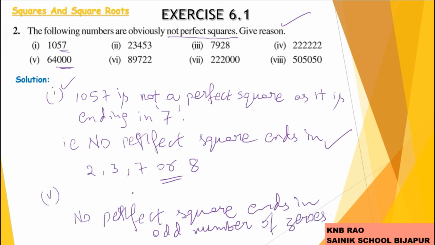So we make this sentence and give reason: 64,000 is not a perfect square as it is ending in an odd number of zeros. So you write that sentence and give the reason: no perfect square ends in an odd number of zeros. So the rest of the questions you do on your own.